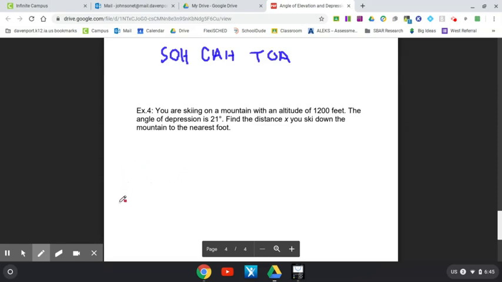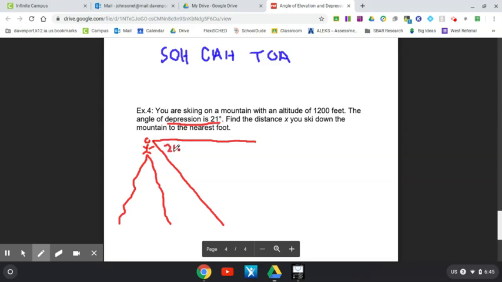So there's our lovely mountain. You're on the top of it. And it says angle of depression. So I know we're looking down. And we know the angle of depression is 21 degrees.